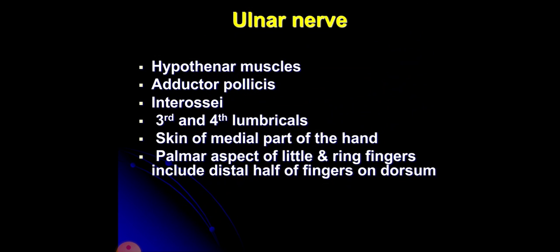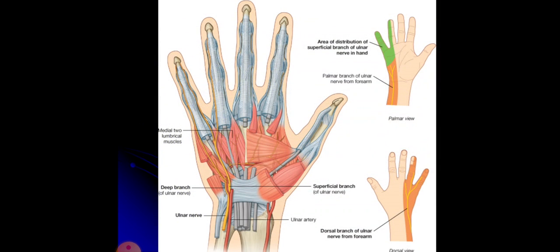The ulnar nerve. The ulnar nerve is the dominant nerve in the hand, which supplies the adductor pollicis, the hypothenar muscles, the interossei muscles, and the third and fourth lumbrical muscles. This is the ulnar nerve.